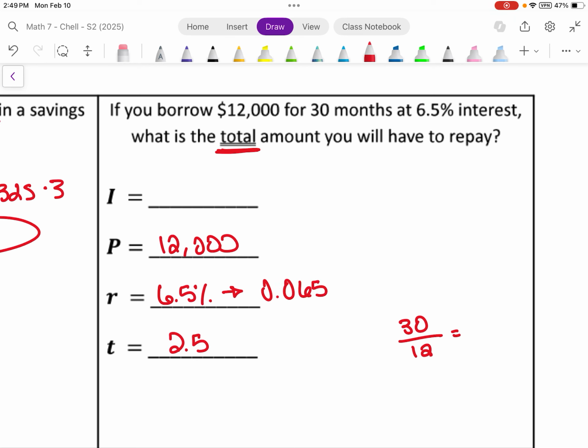All right, now our job is to put this back into the equation. So we know we have $12,000 times 0.065 times 2.5, which is going to get us, if you give me one quick second, let me solve that real quick.